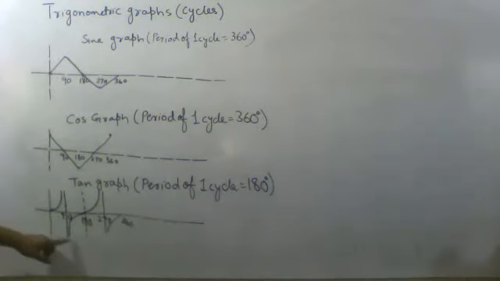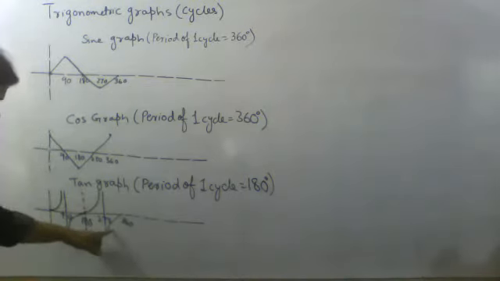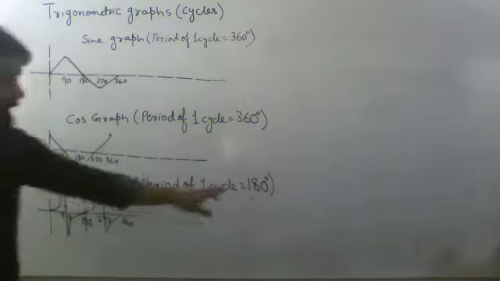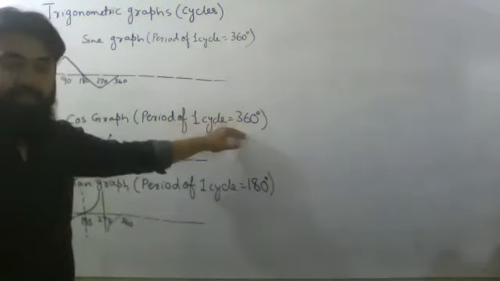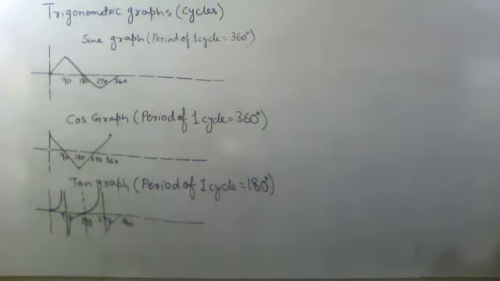So see, starting from negative infinity, coming to 0, and then going to positive infinity. After that, I again get a repeated one. So with any difference of 180 degrees, you will have one cycle of tangent. With any difference of 360 degrees, you will have one cycle of sine and one cycle of cos.